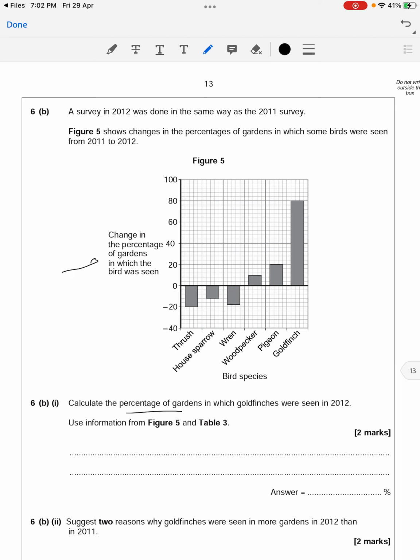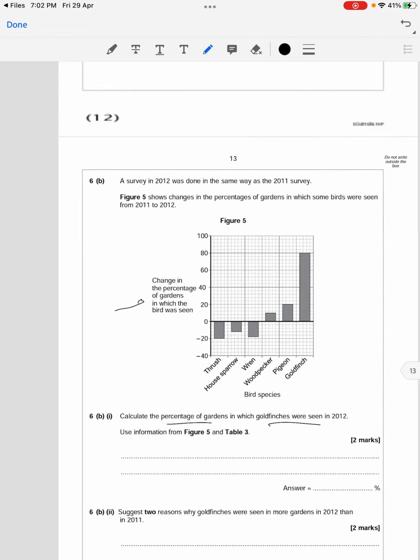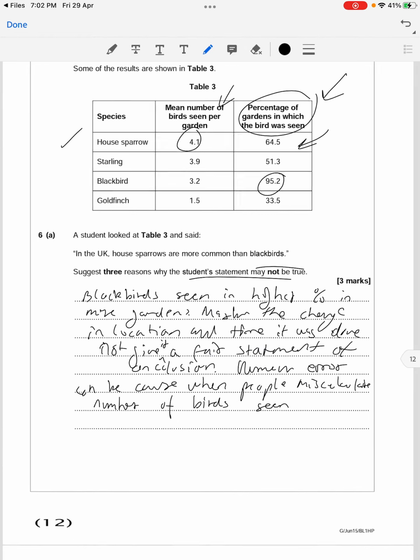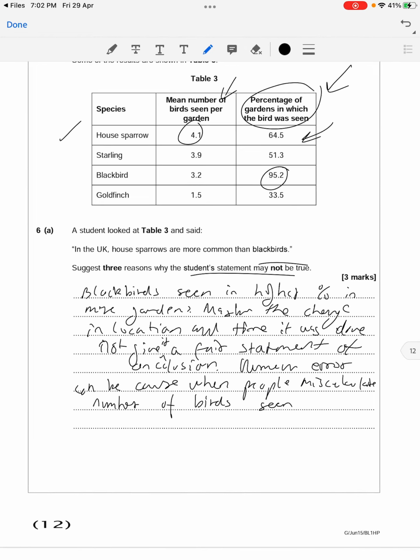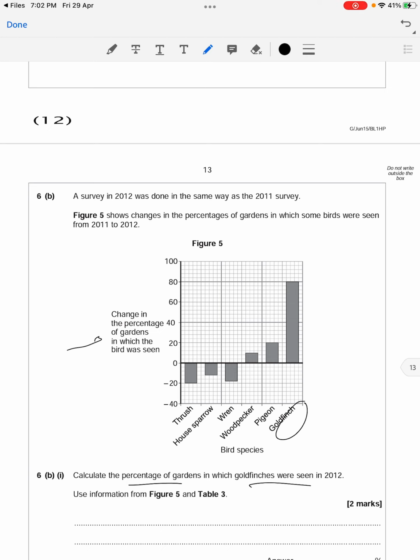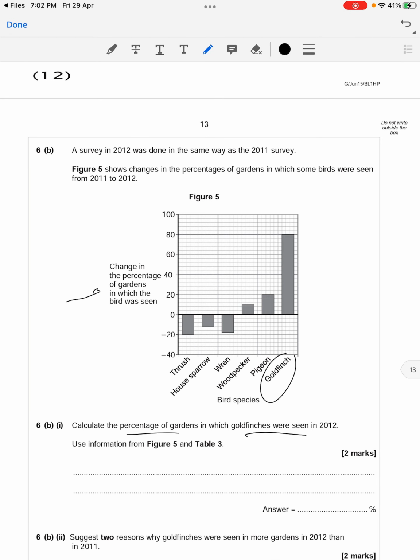Okay, we can see the percentages of gardens on the Y scale, where goldfinches were seen in 2012. So by looking up here, we can see goldfinches, right? And by looking here as well, we can see goldfinches in the bar chart. That's a change in particular, right?